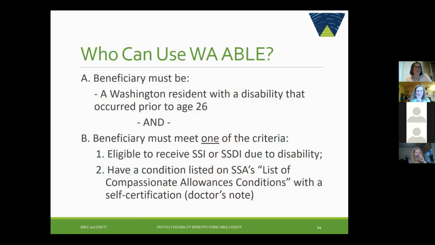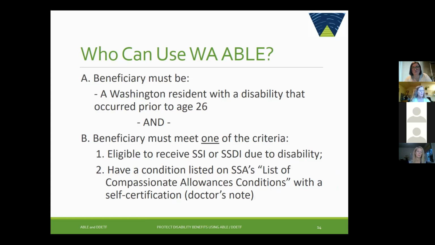For ABLE eligibility, the beneficiary must be a Washington resident and their disability must have happened before the age of 26. So they can be 90 years old and be eligible for an ABLE account as long as their disability occurred before the age of 26.